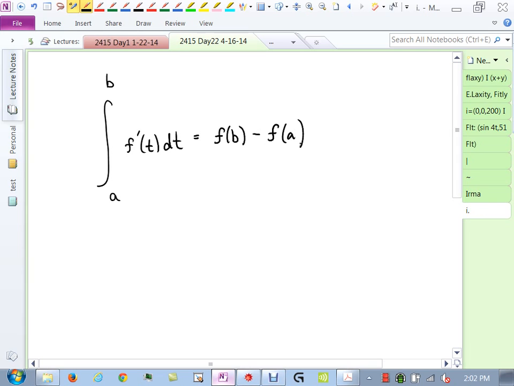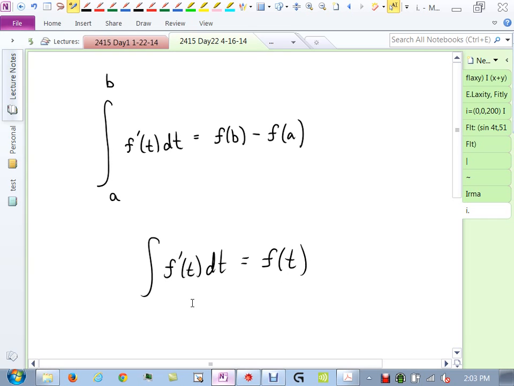This just says that if you want to integrate a function's derivative, they basically wipe each other out, and you just get the function itself, and then you evaluate the 2 endpoints. Subtract. And that represented the area under the curve. But you could almost have written it this way, without the limits of integration. That's basically what it's saying.